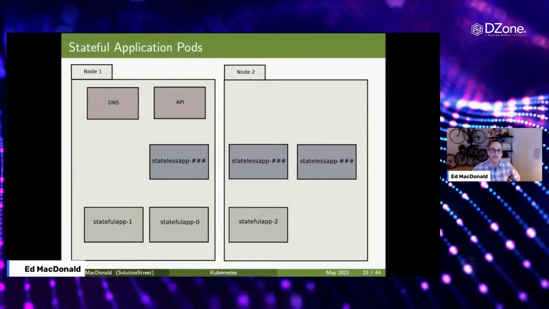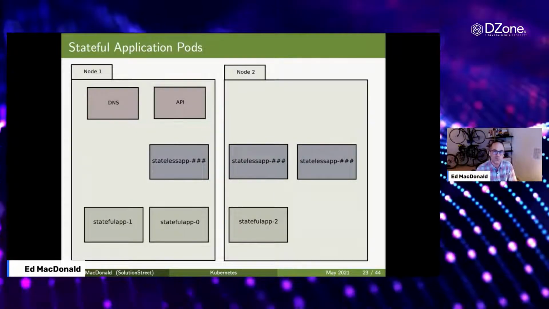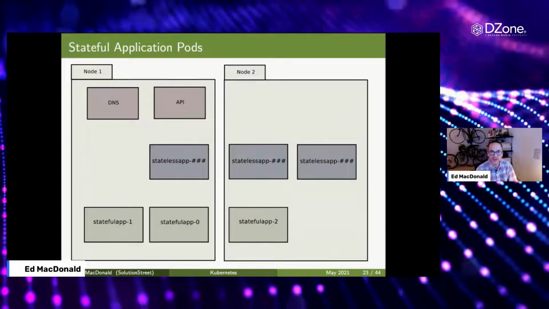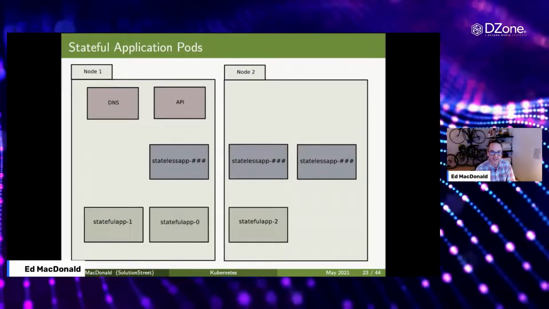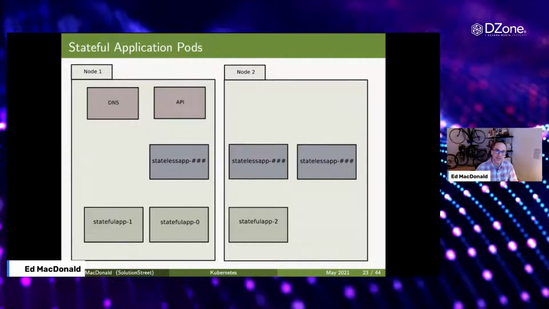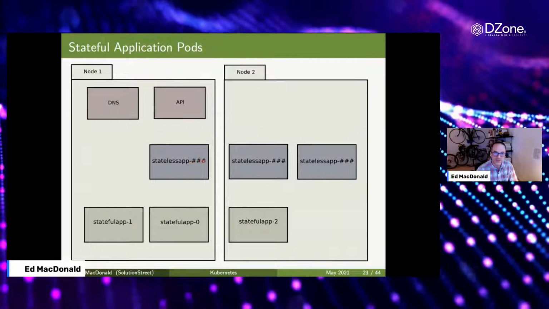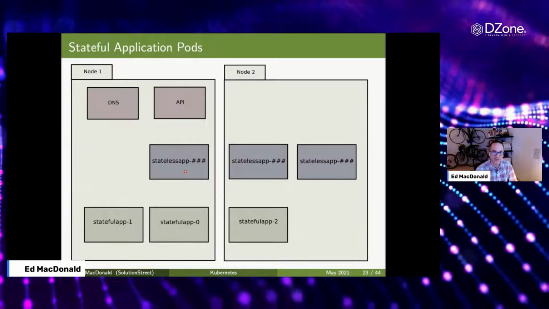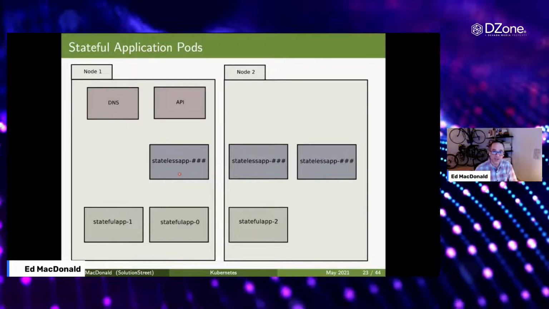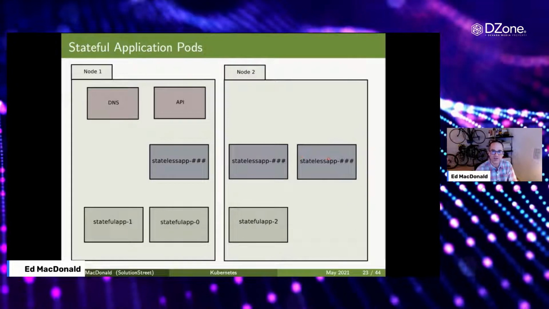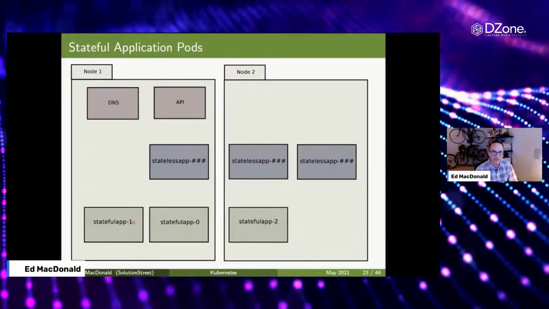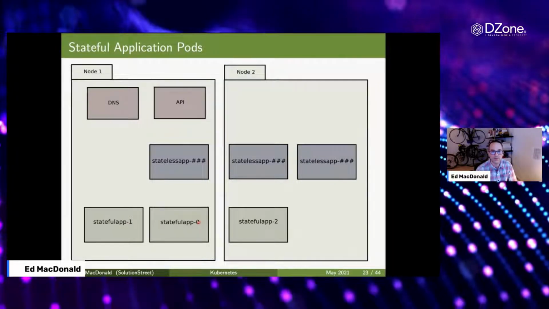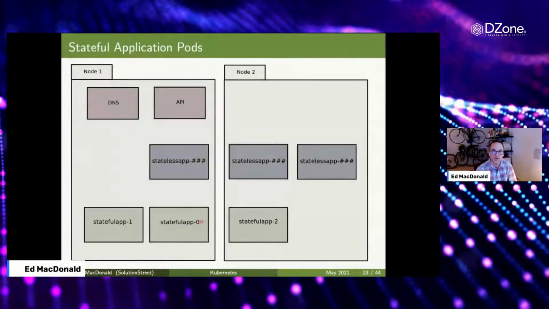So now this picture shows what our two applications deployed to a Kubernetes cluster look like. We have the Stateless app, which is deployed as 3 pods, and the Stateful app, which is deployed as 3 pods. You'll notice here that I've put hashes to indicate that these are randomly generated strings. So our Stateless app pods will be named Stateless app hyphen something, but the something is a randomly generated string. Not so for the Stateful app. They will have predictable names, and Kubernetes just indexes them from the number of pods that you decide that you want in your stateful set.